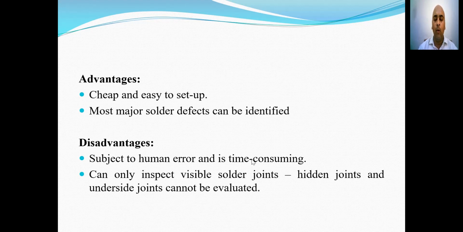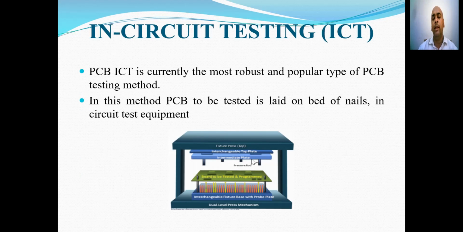Second, it can only inspect visible solder joints. The hidden joints and underside joints cannot be evaluated by this method because they are not visible to the technician. So in order to improve the inspection, we can use the in-circuit testing method.